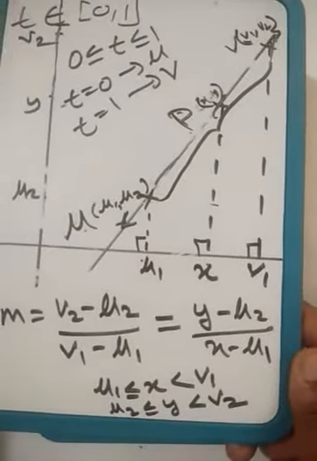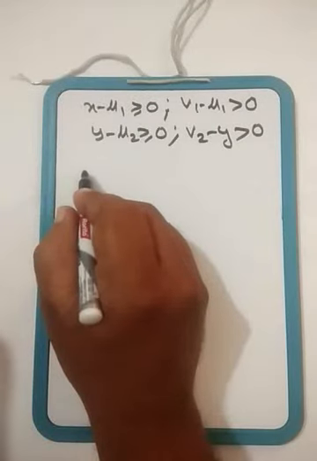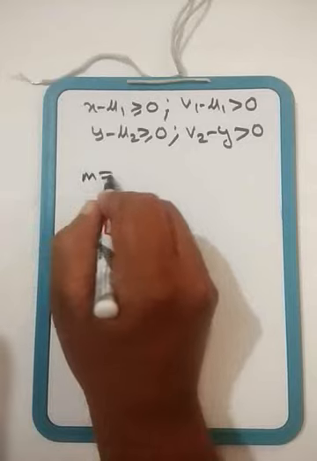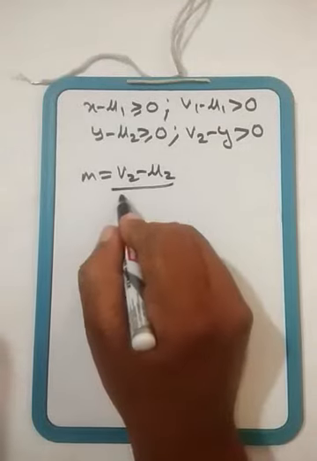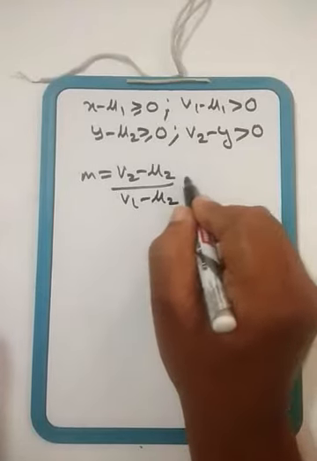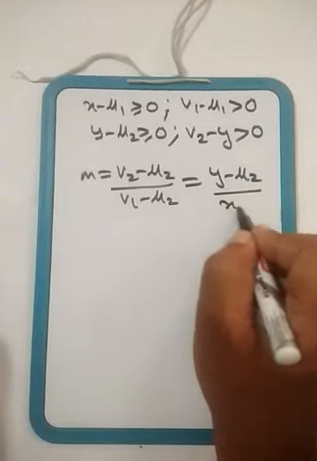This term over here. And what was m? m was v2 minus u2 upon v1 minus u1. That is the same thing as y minus u2 upon x minus u1.